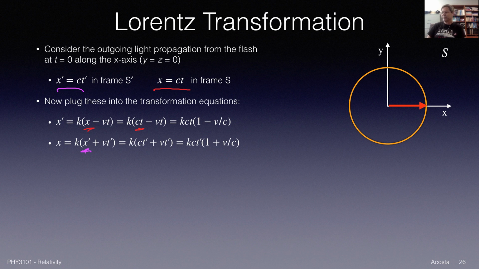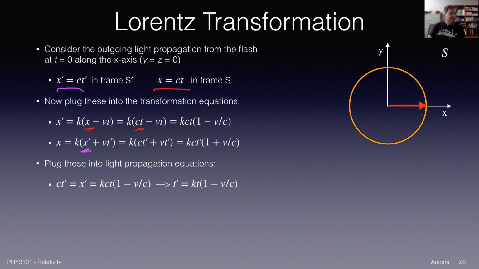Okay, now let's plug these into the light propagation equations, which are the ones right up here. So we have that on the underlined purple, ct prime equals x prime. But we just worked out that x prime is kct times the quantity 1 minus v over c.